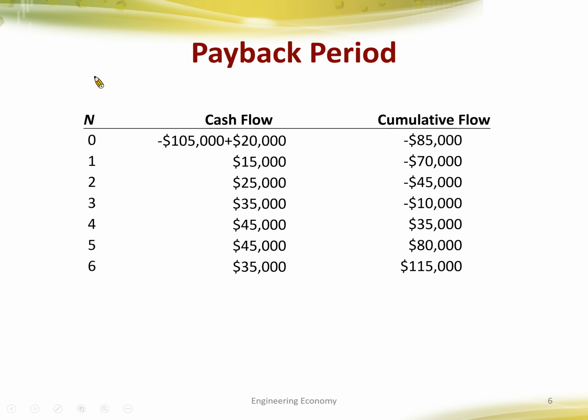If it's negative, we will not accept. So we don't need those two cash flows. Of course, we can calculate them separately, then do a subtraction to get the same result. But let's just take the net cash flow.